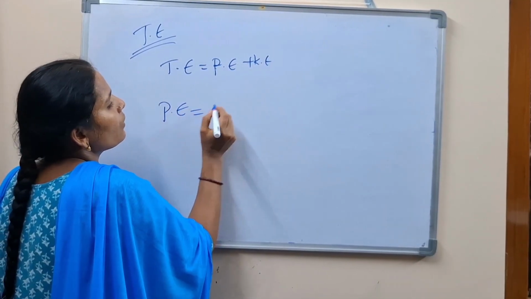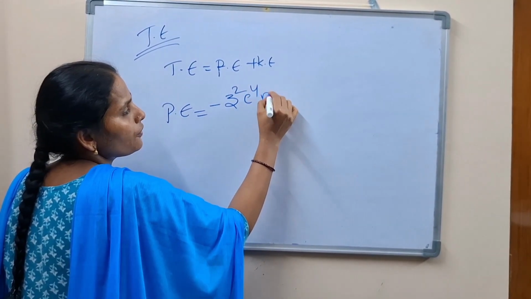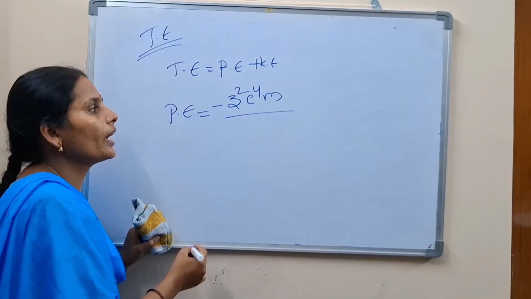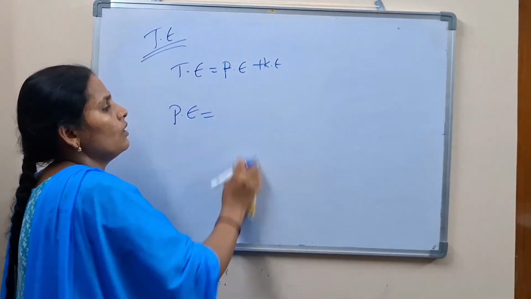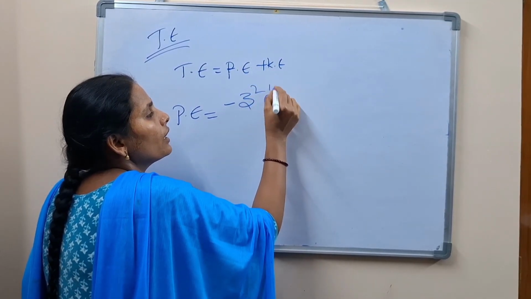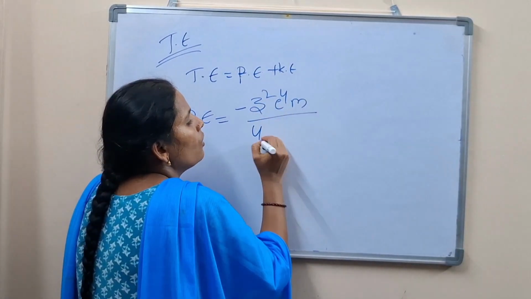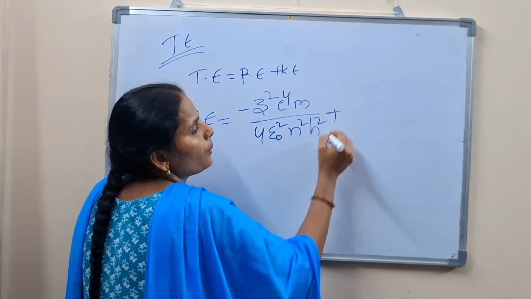Potential energy equal to minus Z square e power 4 m by 4 epsilon naught square n square h square.